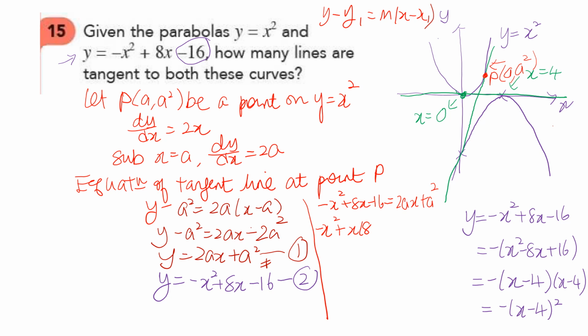Okay, I bring the 2ax to the left. So factorize the x out, you get 8 minus 2a, then minus 16 plus a squared equals to 0, right?